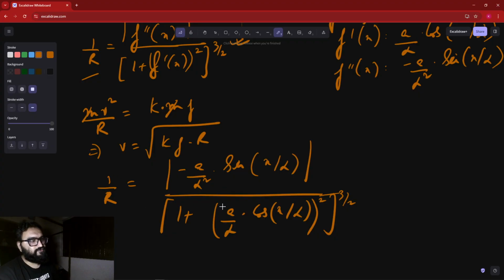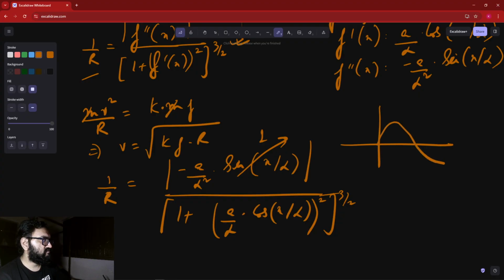Now if you observe this, you will see that I want my denominator to be as low as possible and I want my numerator to be as high as possible. That is possible when sine of x by alpha is equal to 1, and then cos of x by alpha will be equal to 0. If you know the sine and the cos graph, when sine x is maximum, which is 1, cos x is going to be equal to 0.